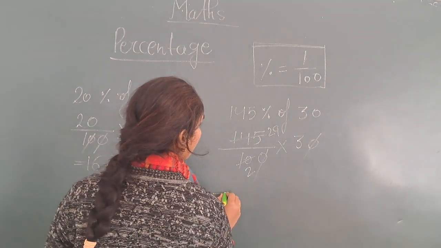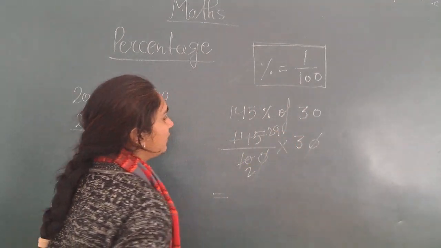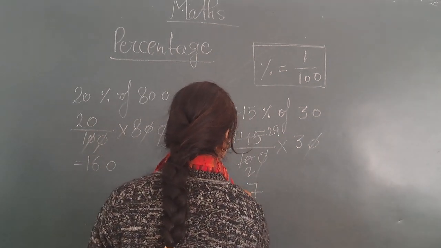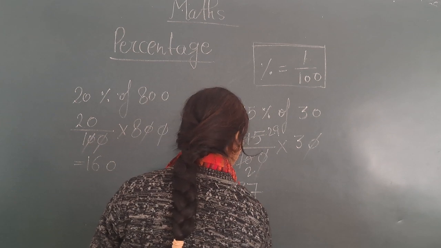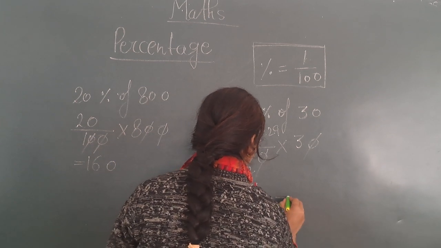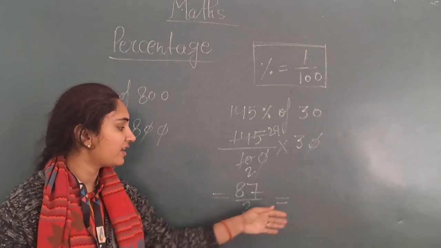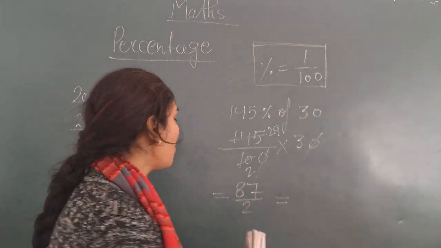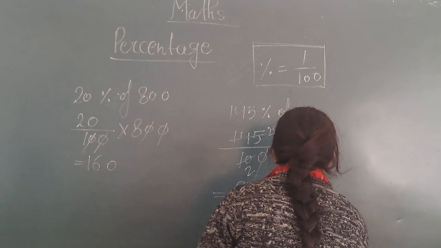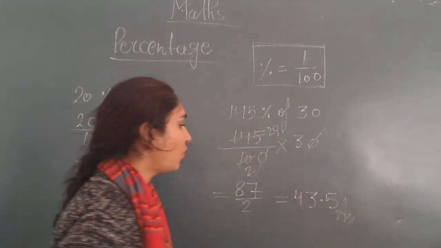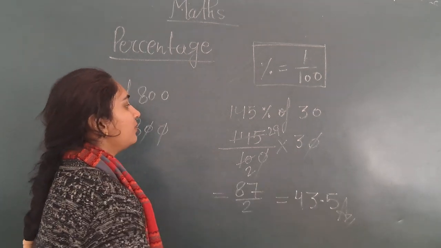Now multiply 29 by 3: 3 times 9 is 27, 3 2s are 6. So 87 upon 2, which we can write as a fraction and also in decimal form. 2 4s are 8, 2 3s are 6, and 5. So we can say 43.5 is the answer for 145% of 30.